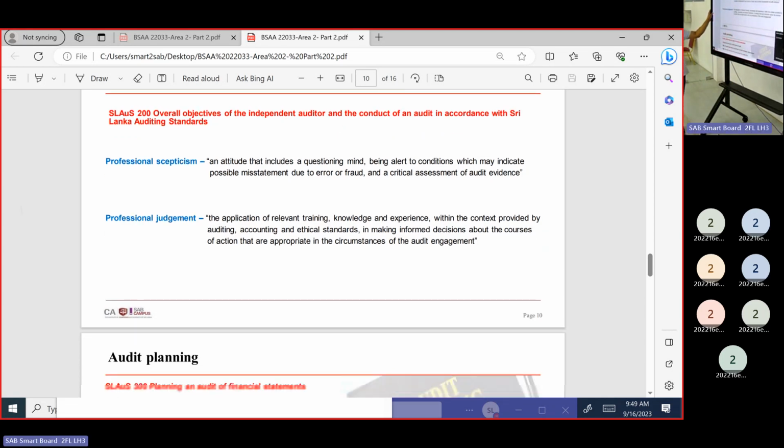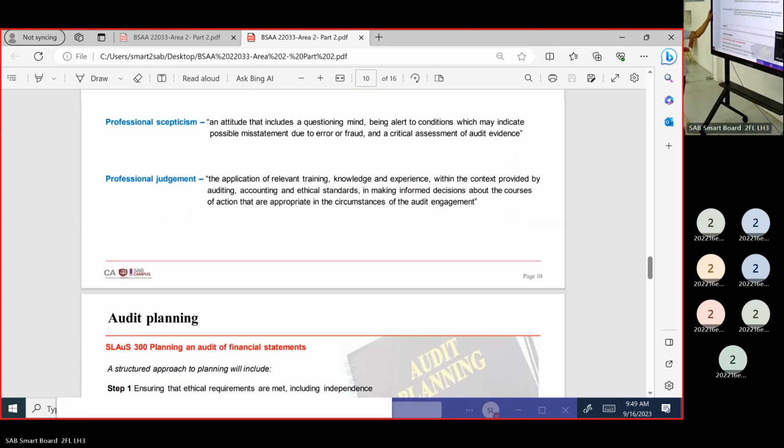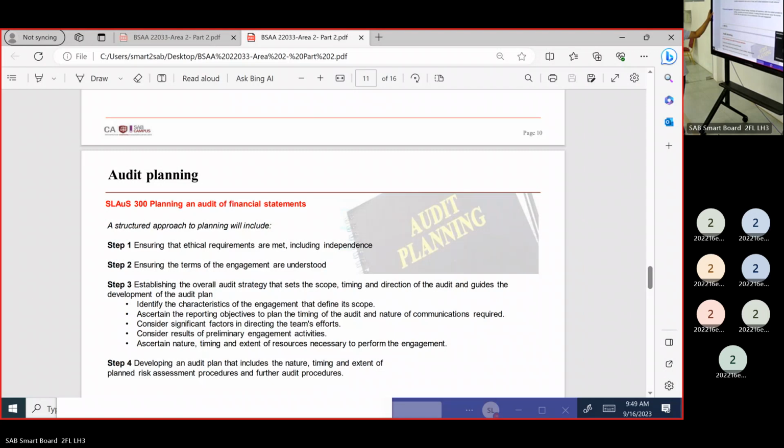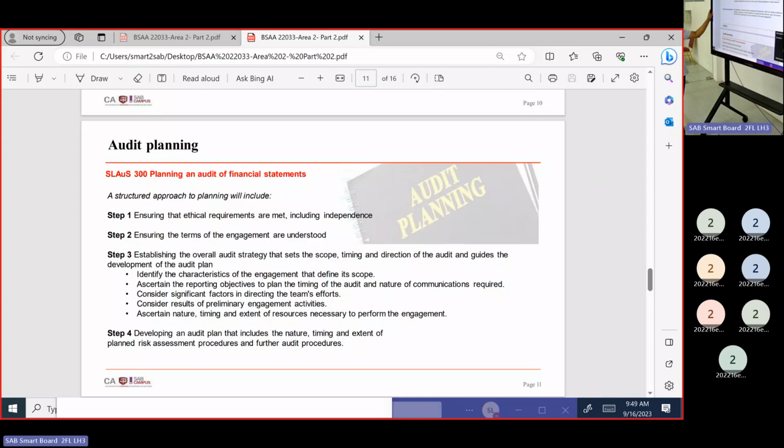Professional skepticism and judgment should be used for audit strategy as well as audit planning. Basically, here I'm discussing the audit plan.